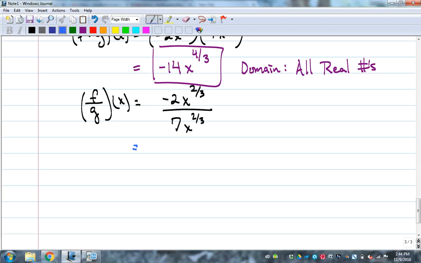Subtract your exponents. I heard somebody whisper that. That's right. 2/3 minus 2/3 is 0. So are there any x's left? No. It's just a fraction, -2/7. Here's where everybody misses this problem. What's the domain of that?